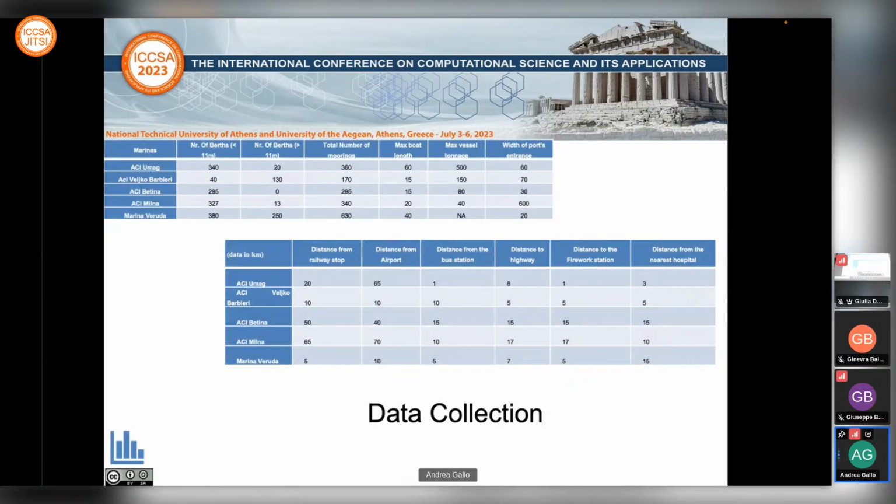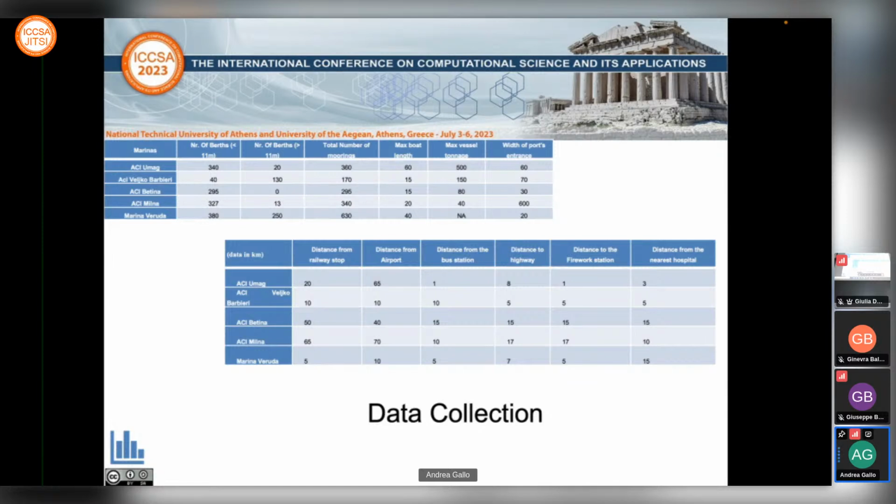And we decided to perform this analysis in two different ways. On one hand, as I said before, we focused on the services provided by these marinas. And on the other hand, as you can see here, we focused on the intrinsic and extrinsic characteristics of these different marinas.